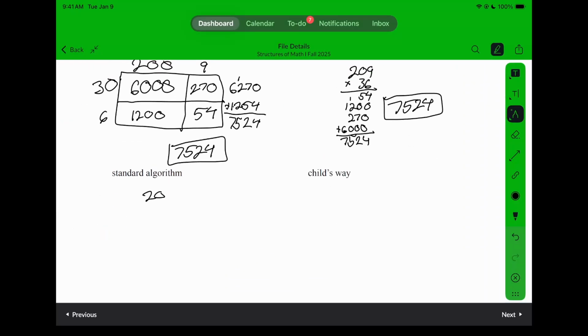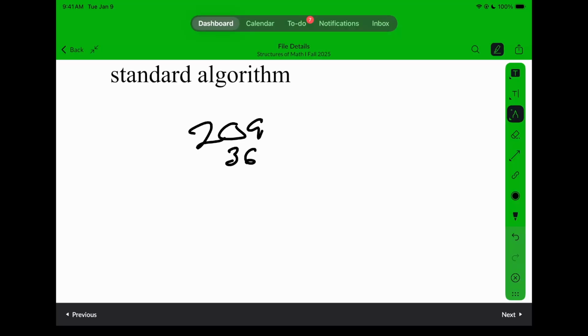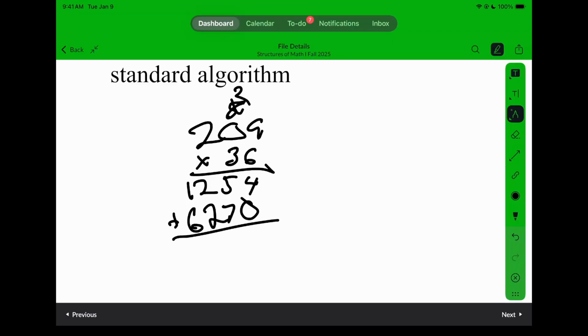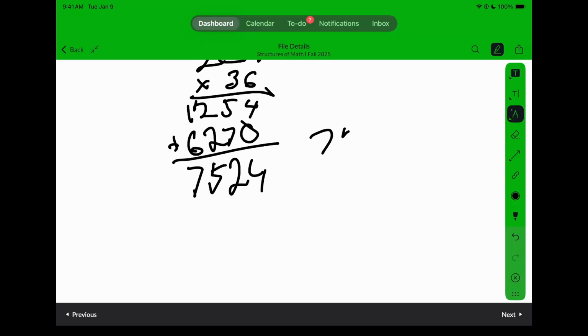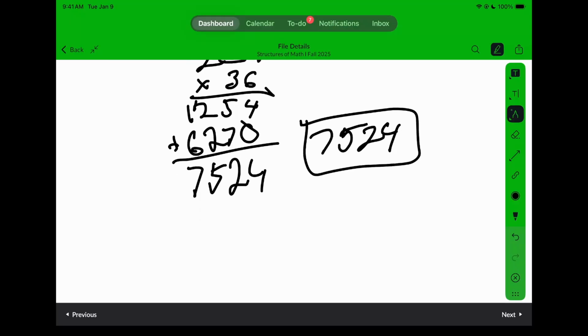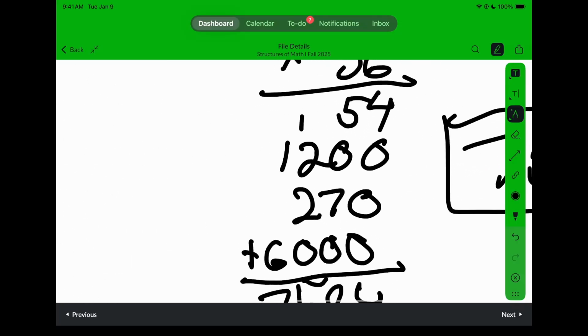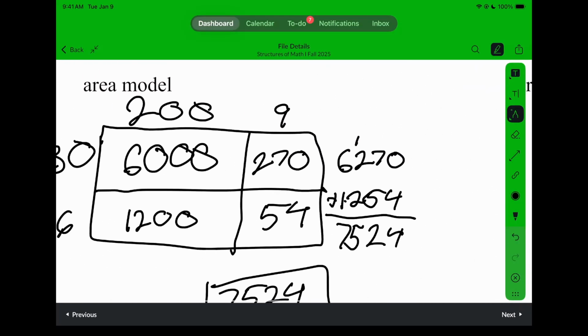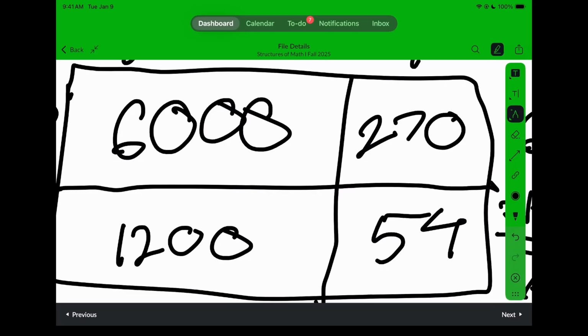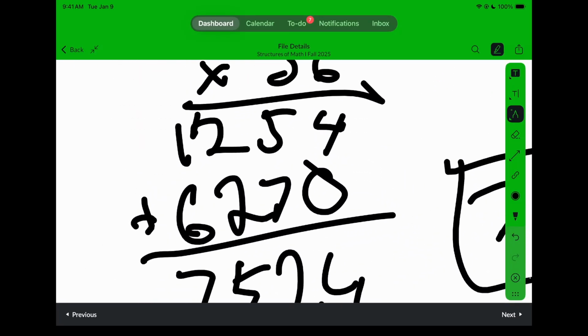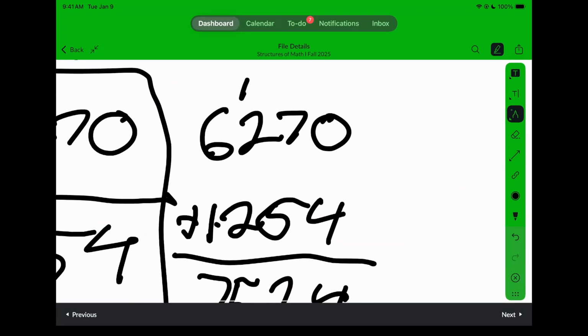Standard algorithm is 209 times 36. Answer, 7,524. Notice again how these 4 numbers are the same as these 4 numbers, and these 2 numbers are the same as these 2 numbers.